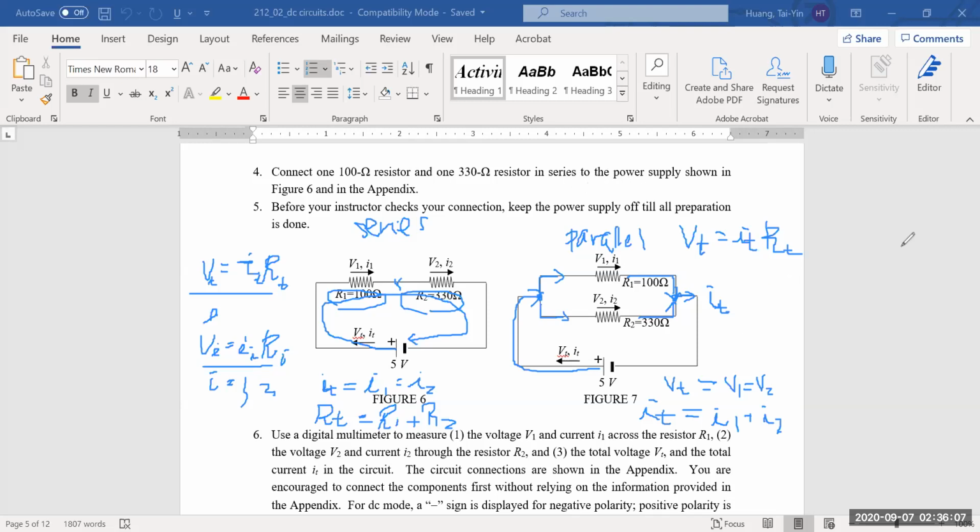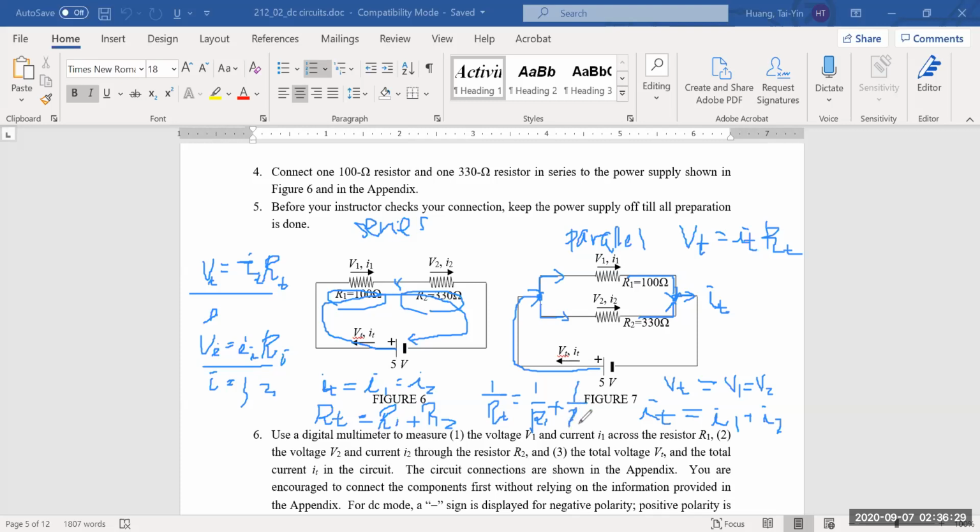For RT, let me write it here. 1 over RT is equal to 1 over R1 plus 1 over R2.